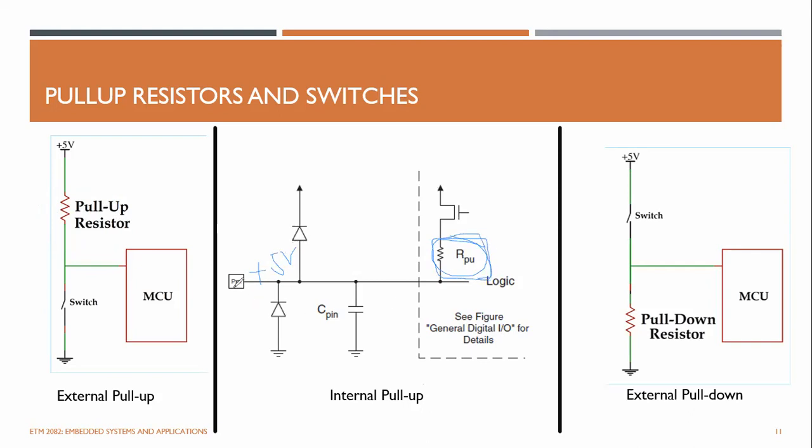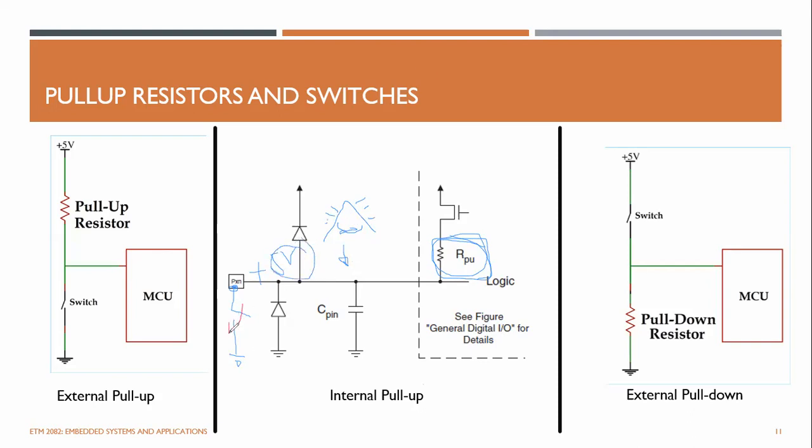Now you can simply connect some kind of switch, which is connected to the ground. So this is the pin, right? And you can just look at what this voltage is. By default, it is 5 volt.